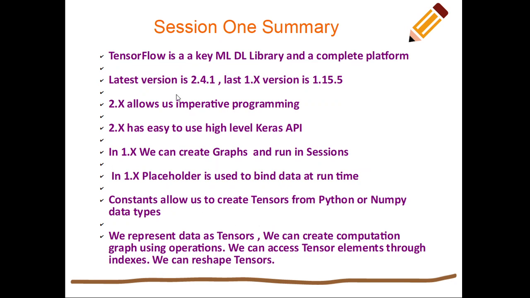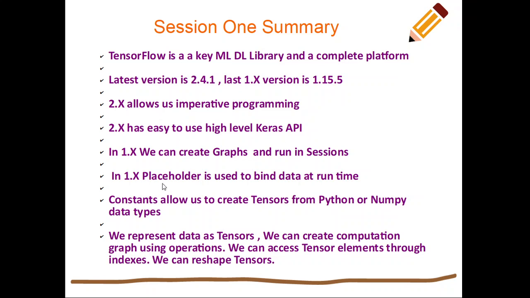We started with TensorFlow, and we understood that it is a key machine learning and deep learning library and a complete platform. The latest version is 2.4.1, and the last 1.x version is 1.15.5. 2.x allows us imperative programming in addition to symbolic programming. 2.x has an easy to use high level Keras API.